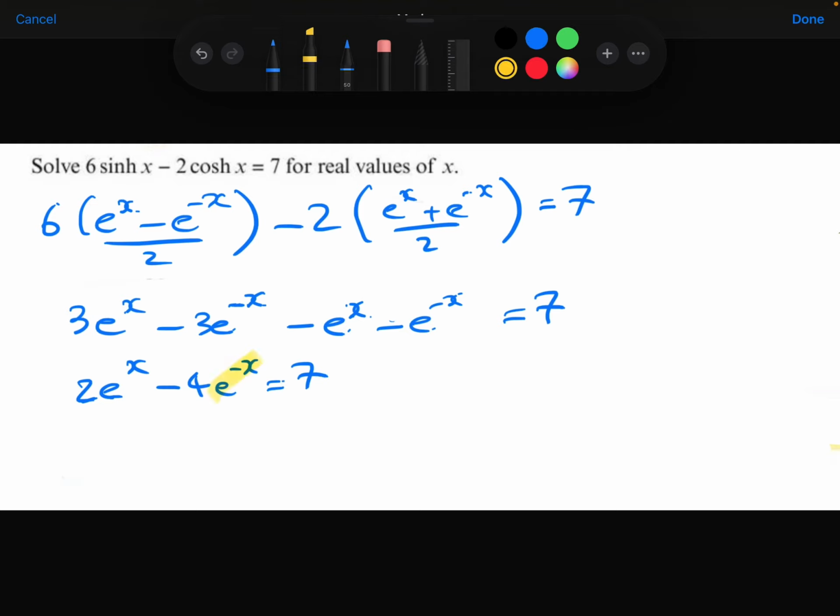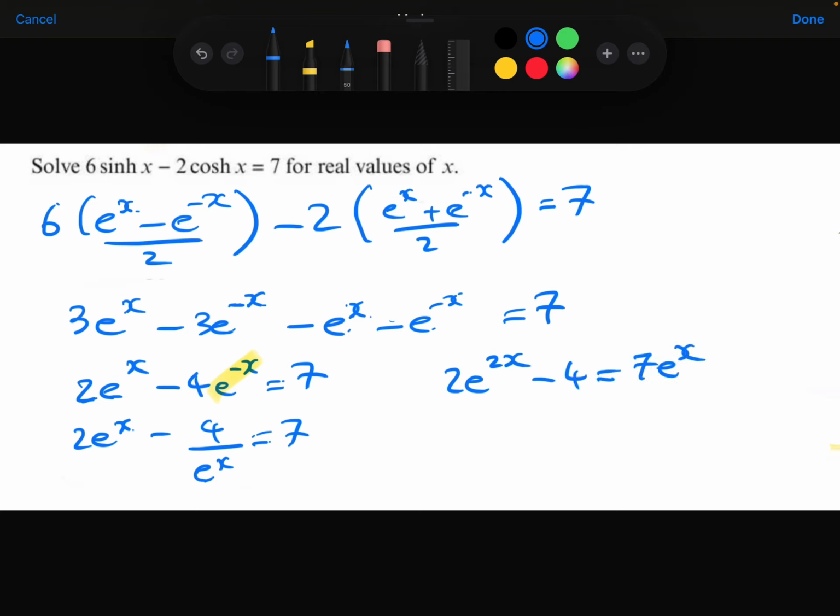I'm going to rewrite this as 4 over e to the x, so that it's a bit more obvious that I'm going to multiply through by e to the x. So multiplying through by e to the x now, I'll get 2e to the x times e to the x is e to the 2x, minus 4 equals 7e to the x. Move everything onto one side.